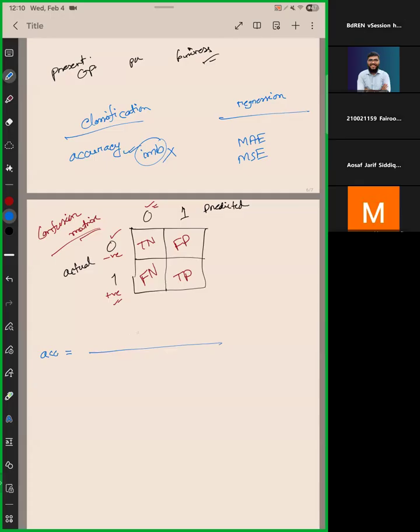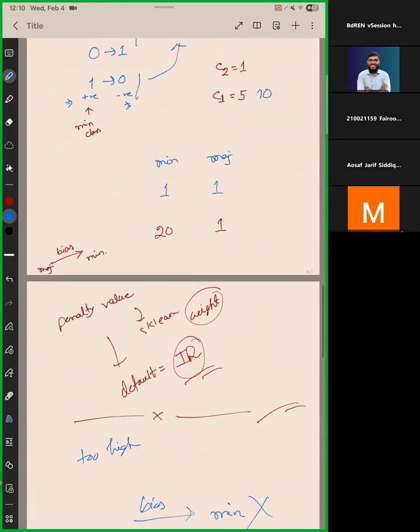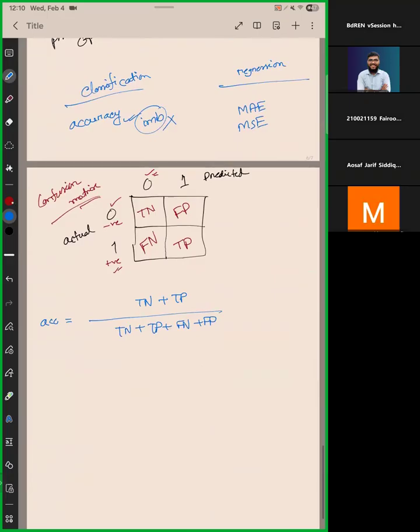Accuracy is equal to true negative plus true positive divided by the sum of all four, the total. So it is the total number of samples versus correctly classified samples. Let's look at one scenario, the one with 20, 98, 800. Here the original positives were 100, the negatives were 9900, and among the positives, 20 were correctly classified.